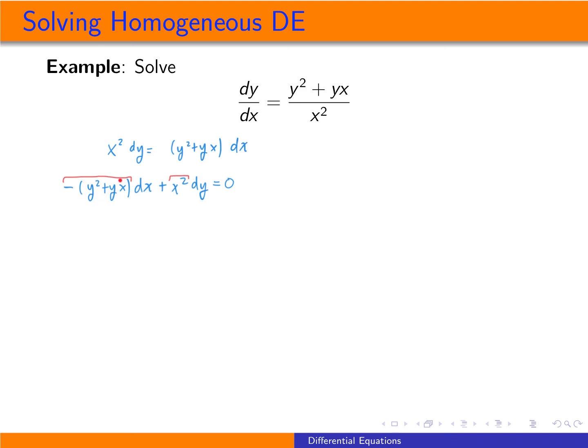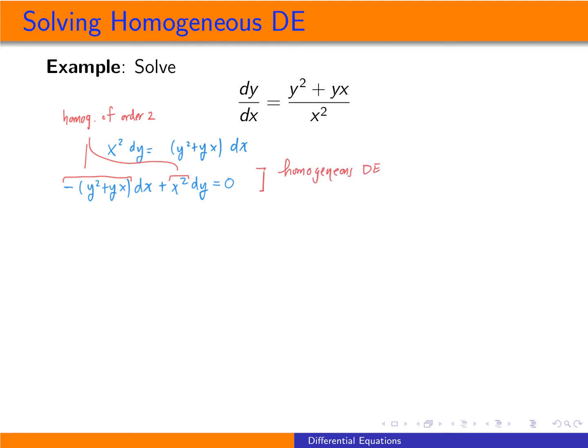So this will be homogeneous of order 2. Same thing here, x squared is homogeneous of order 2. So both the M and the N are homogeneous functions of the same order, in this case 2. And what that tells us is that we have a homogeneous differential equation.